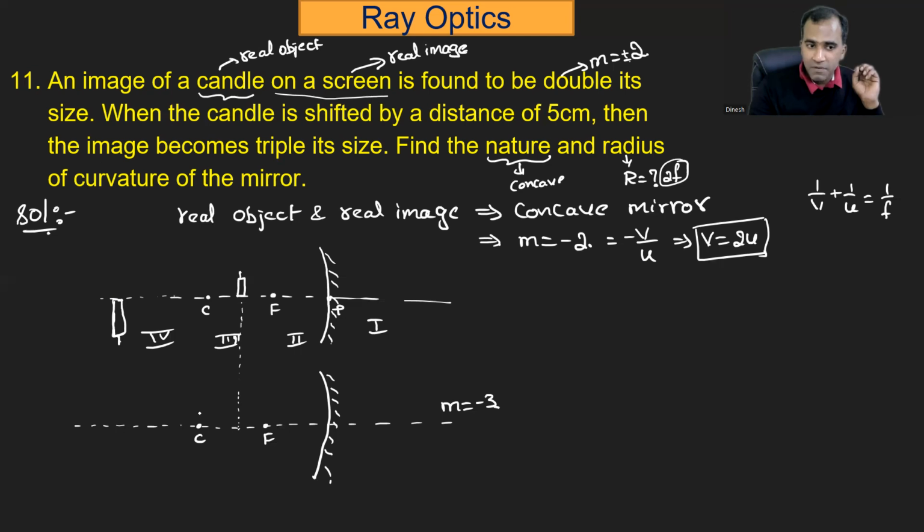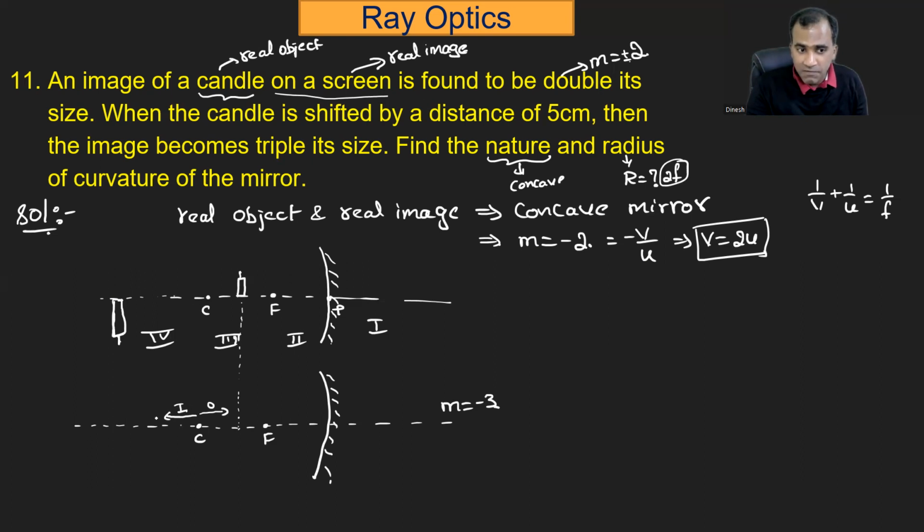As the object moves away from the center of curvature, the image also moves away from the center of curvature. The farther the image is, the bigger its size. So if the image is farther from the center of curvature, then the object also will be farther from the center of curvature. As the object moves more towards the right side, the image also moves more towards the left side. Only then the ratio, see here.